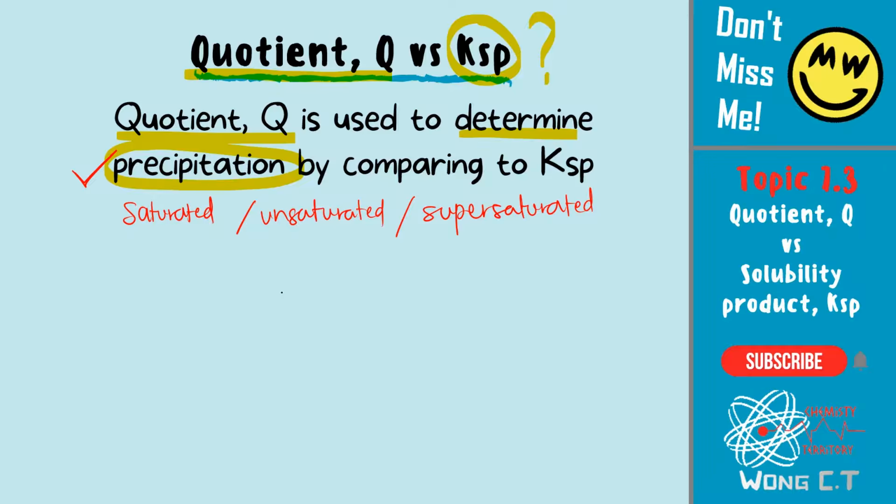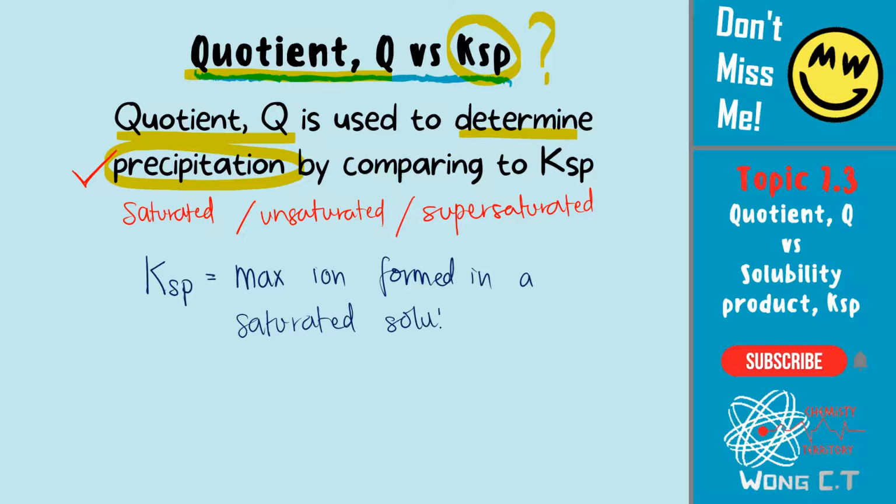Okay? Just a kind reminder, if you remember, your KSP represents the maximum ion that you can form in a saturated solution. So, what is meant by a saturated solution? That is our KSP. KSP is the maximum ion that you can have to form a saturated solution.